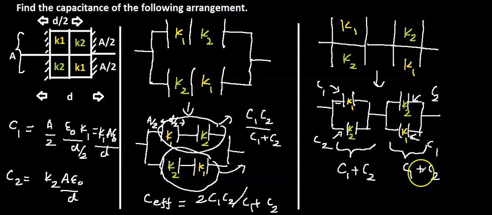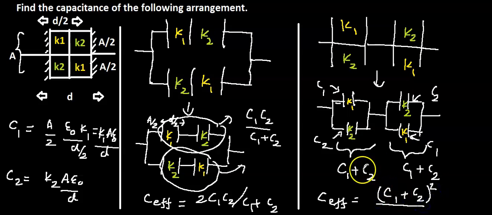Now we have two capacitors in series. So we can use our expression: C effective is the capacitance of the first capacitor times the second, so that's C1 plus C2 whole squared, by the sum of the capacitances, which is 2 times C1 plus C2. So this cancels out. So we get that C effective is C1 plus C2 by 2.